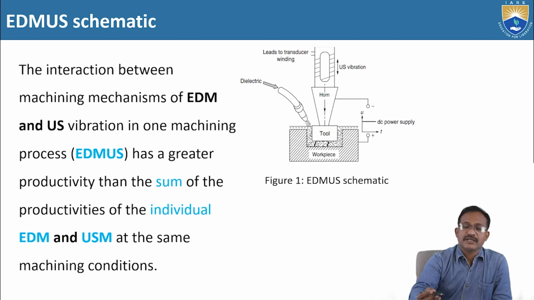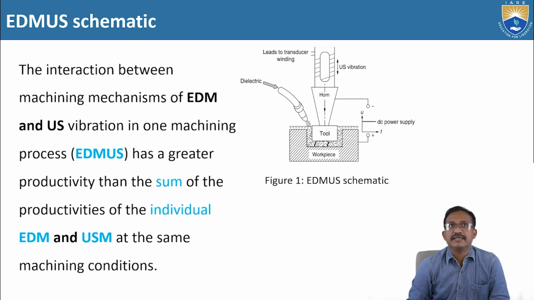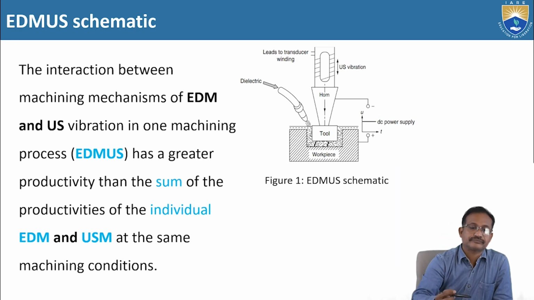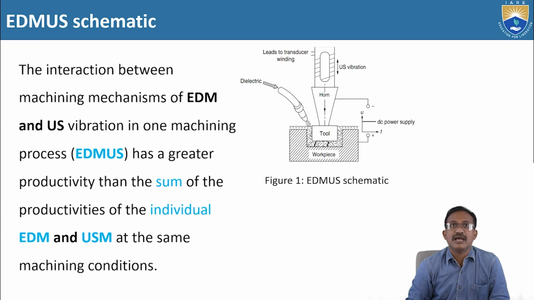Now let us see the EDMUS schematic. The interaction between the machining mechanisms of electro discharge machining and ultrasonic vibration in one machining process, that is EDMUS, has a greater productivity than the sum of the productivities of the individual EDM and USM at the same machining conditions.